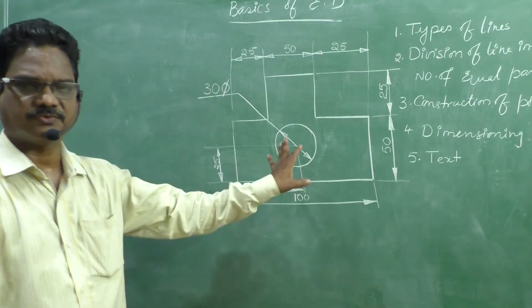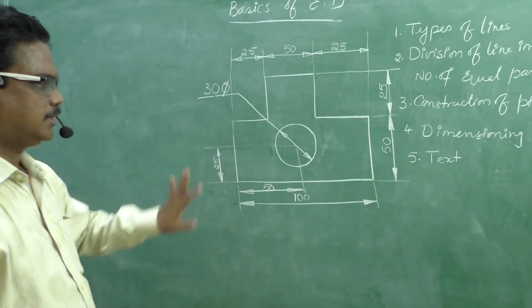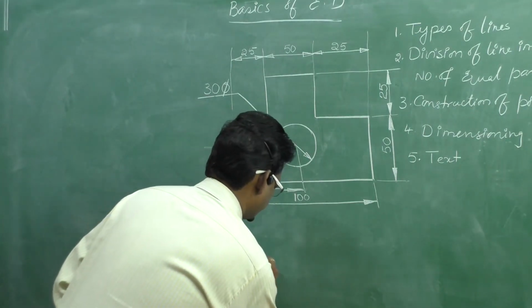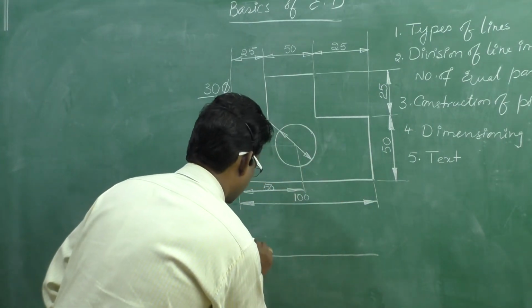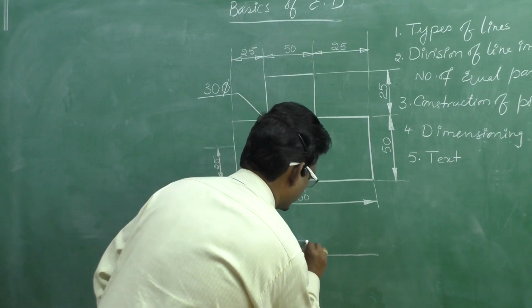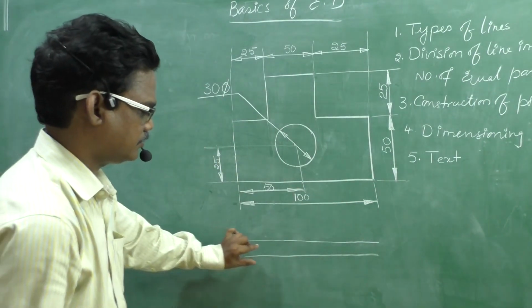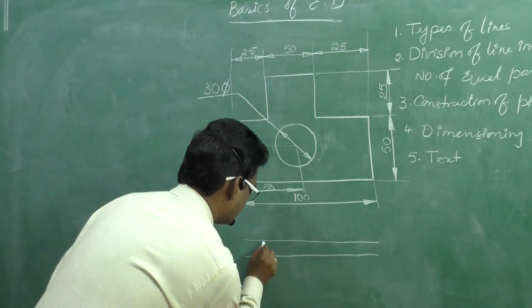Now we want to give the title for this. Consider construction lines of 6 mm. Okay, this is 6 mm. Square feet.